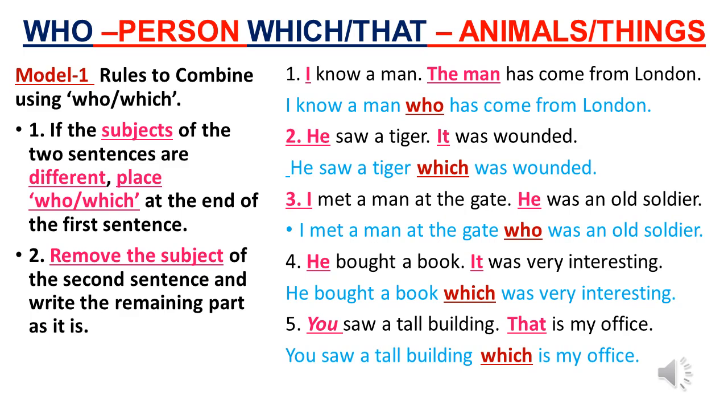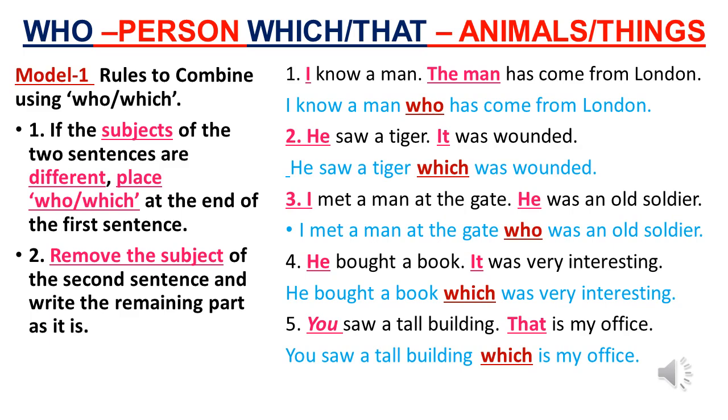Look at the first question. I know a man. The man has come from London. The subject of the first sentence is I. The second sentence is the man. Here the two subjects are different. So what do we have to do? Write the first sentence as it is. I know a man.